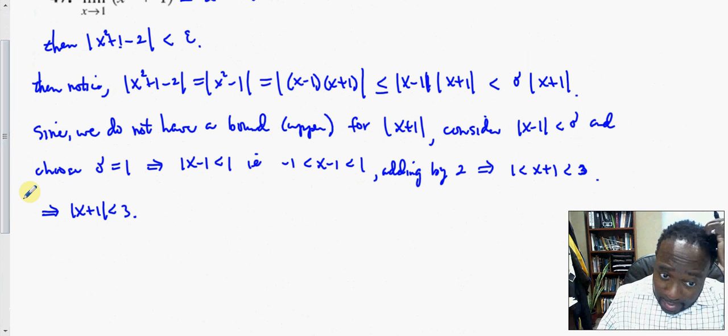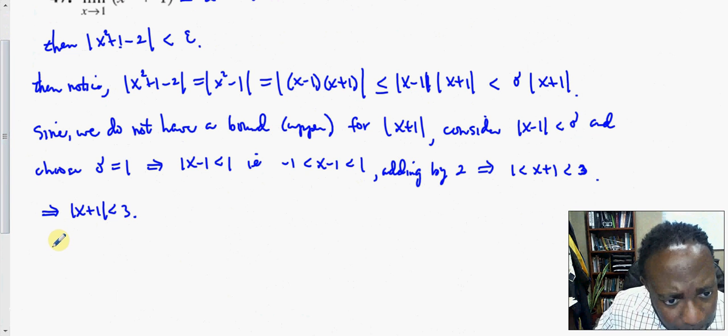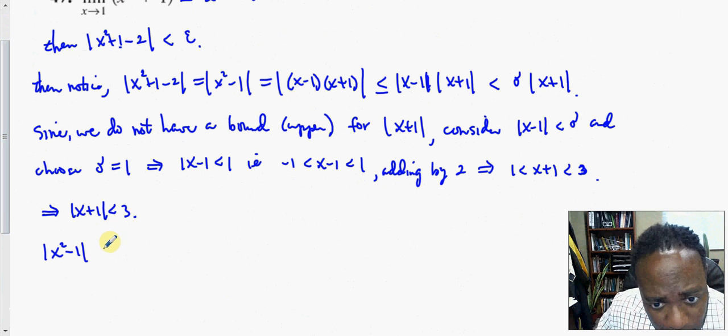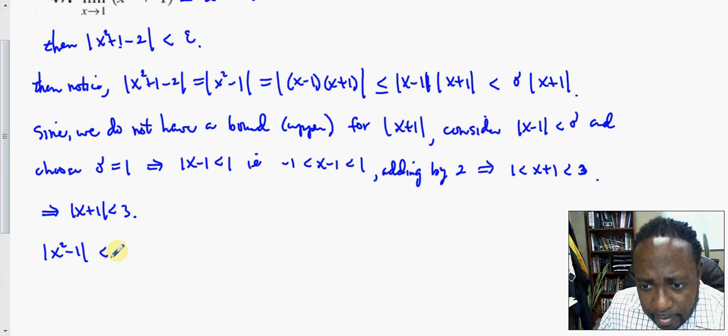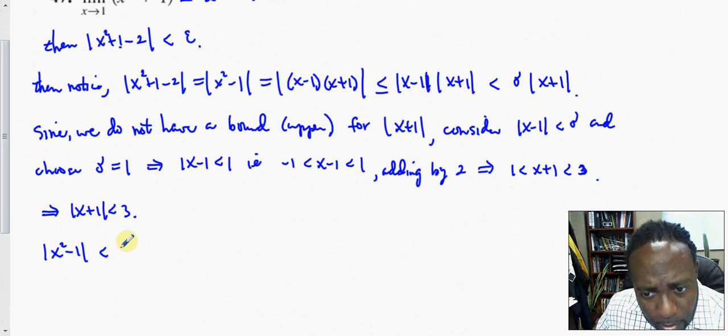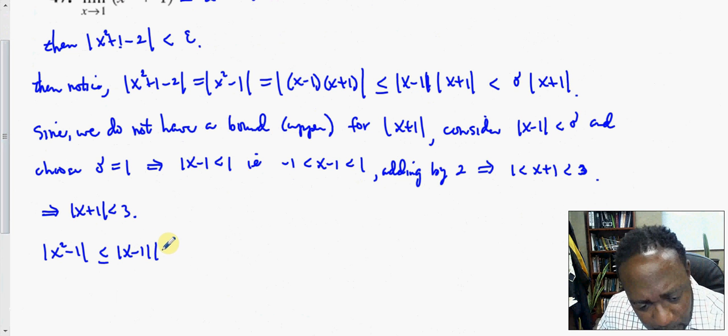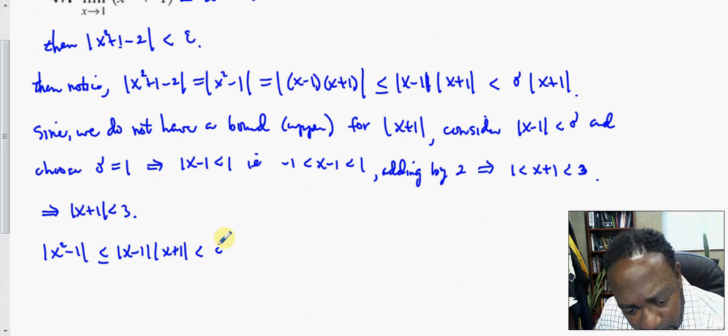So if that be the case, we go back, so we have the absolute value of x squared minus 1, which is less than or equal to the absolute value of x minus 1 times the absolute value of x plus 1, and this is less than delta.